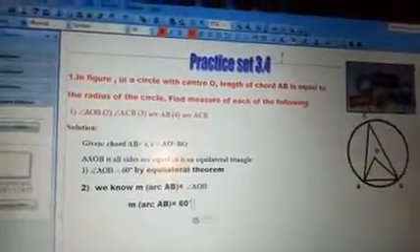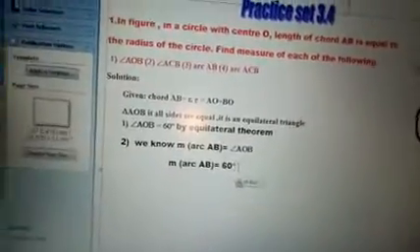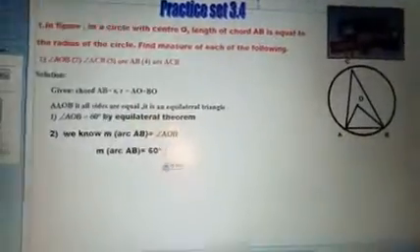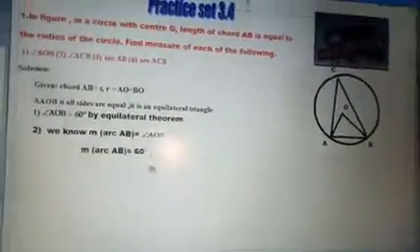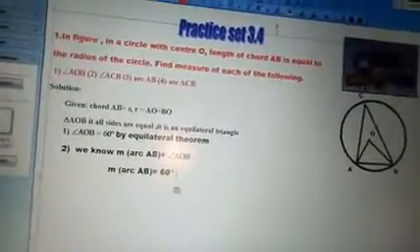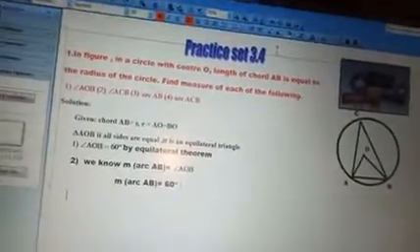Now you can see, if the measure of arc AB is 60 degrees, then its inscribed angle is ACB. We know very well the theorem of inscribed angle, correct?